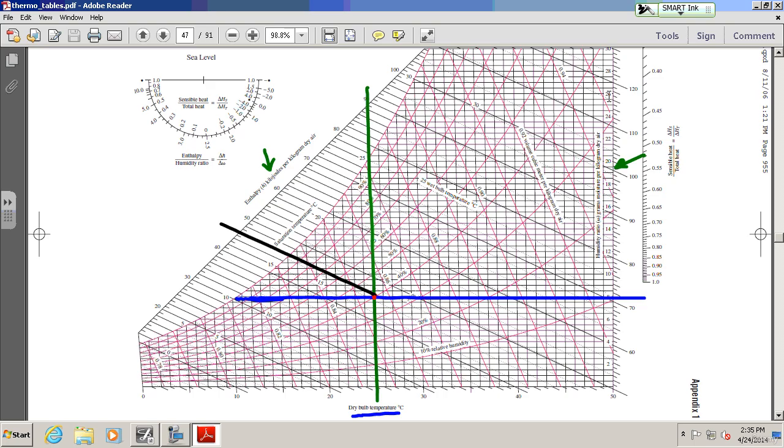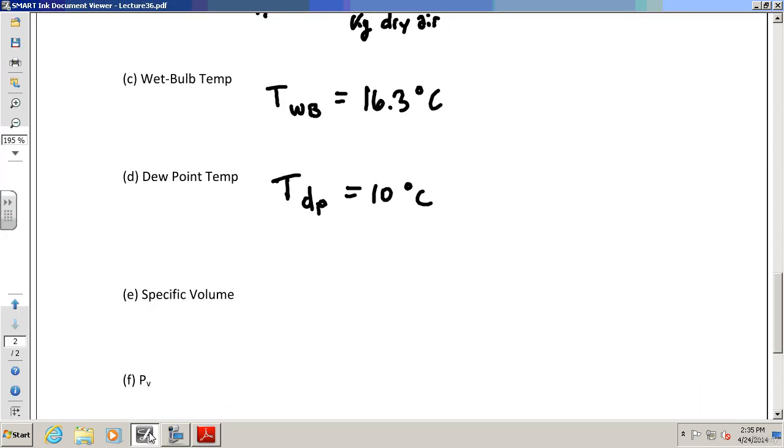And if you look carefully, my red dot is probably about halfway between the 0.85 and the 0.86. Okay? So I'm going to say we're pretty much at 0.855 for my specific volume. So specific volume is 0.855, and that's meters cubed per kilogram dry air.